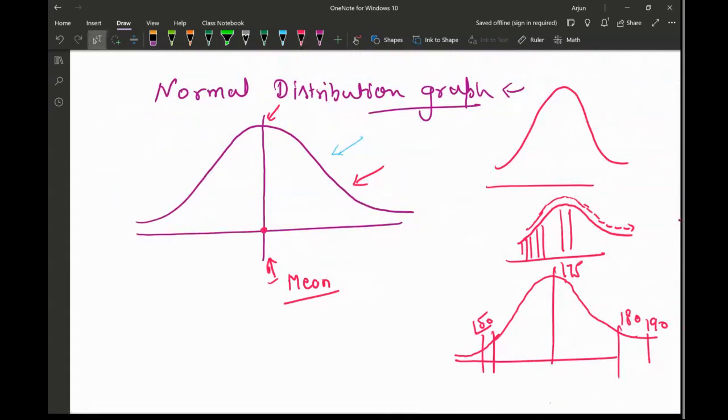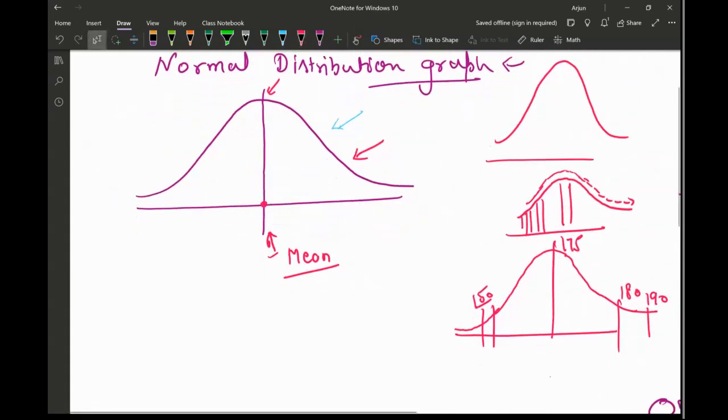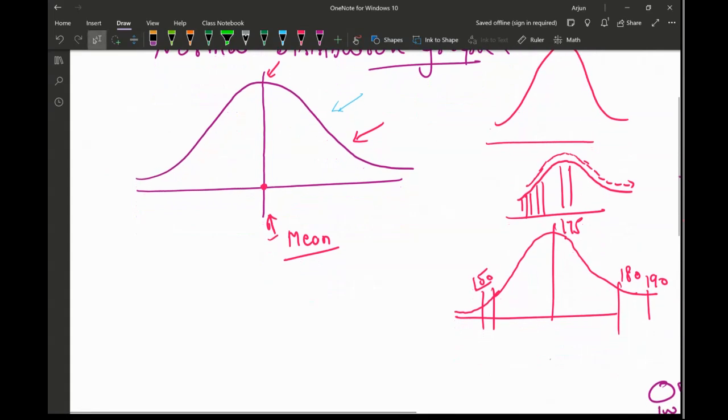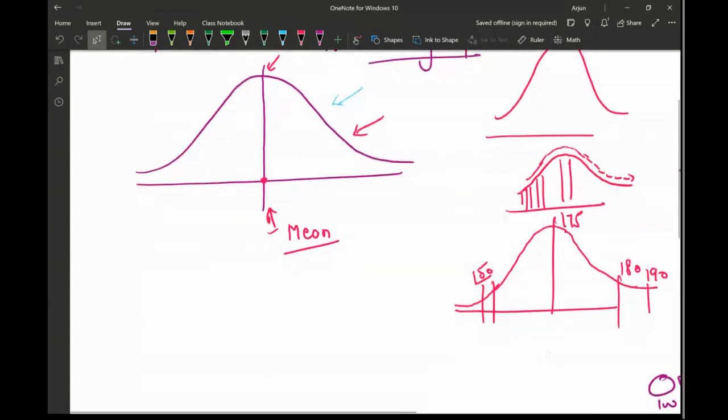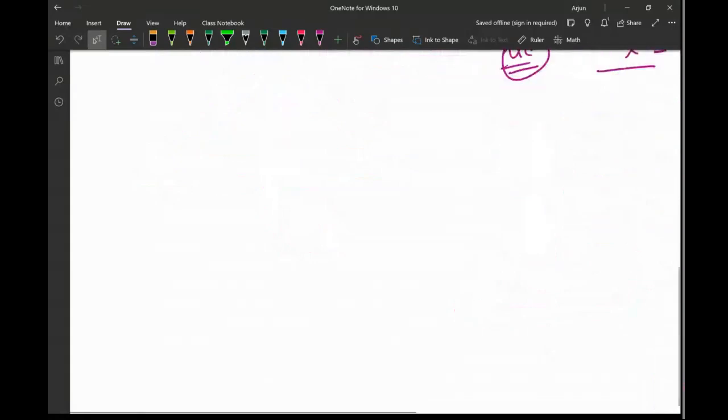Now I'm going to take a real life example of the height, and try to study the bell-shaped curve with the help of that. So I'm going to take a sample of 1,000 people. Let's say I went across different cities in Canada and collected a sample of 1,000 people, and I asked about their height.